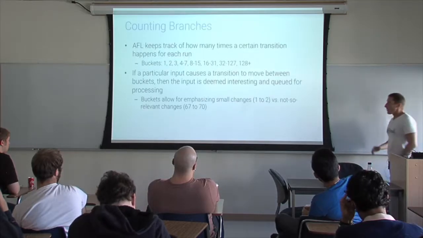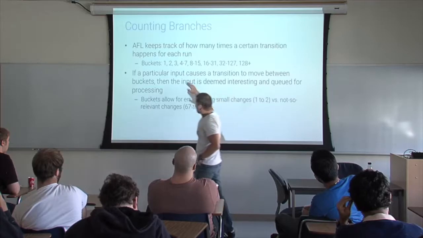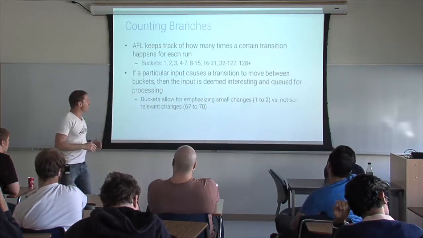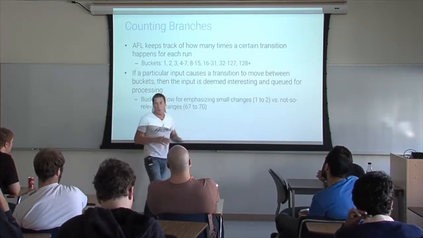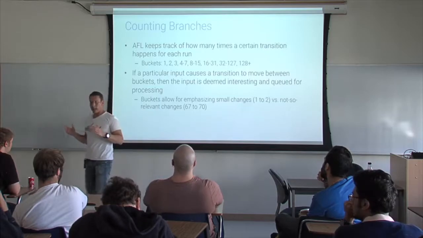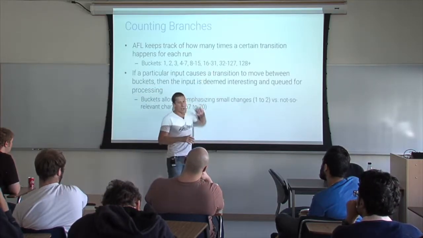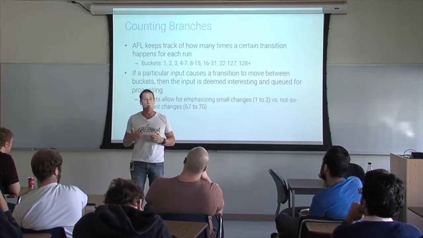But as I said, we also count how many times a branch is taken. And AFL keeps several buckets. The buckets are in ranges 1, 2, 3, and so on. You can see that they become more coarse-grained as the count goes up, because of course it's different if something switches between 17, or with this other input I just moved to 18. I don't care.